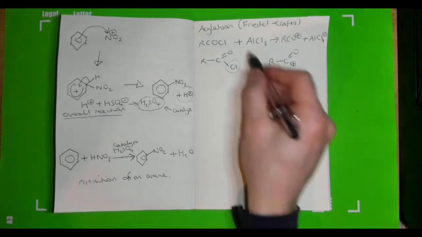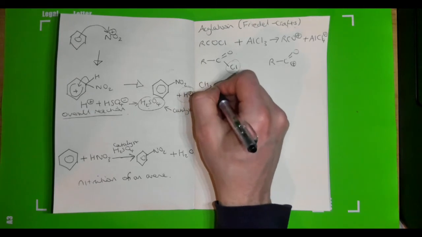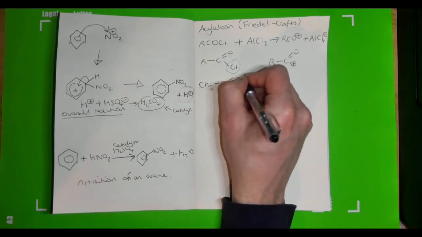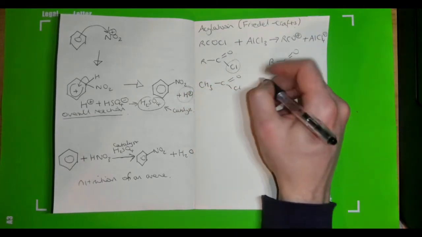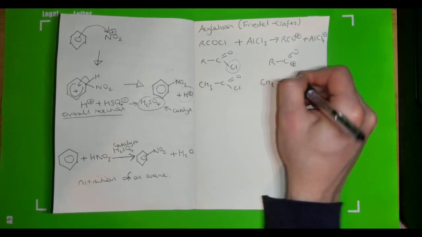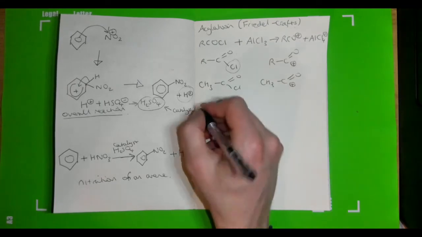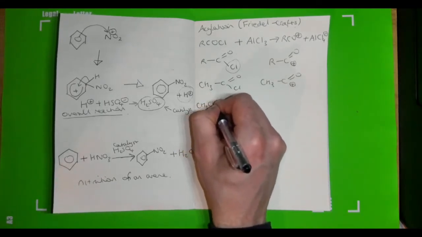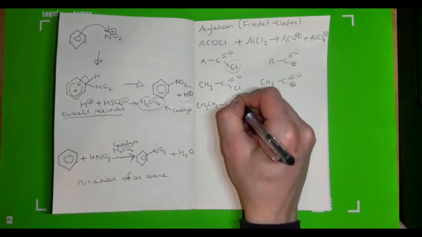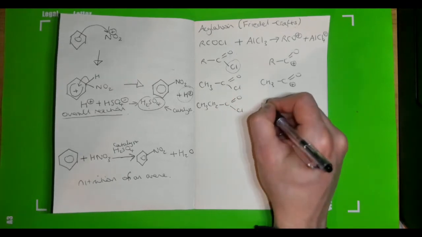So this could be anything. For example, it could be CH3COCl, which would make CH3CO+. Or it could be something like this, with a slightly longer chain, but it's the same principle.